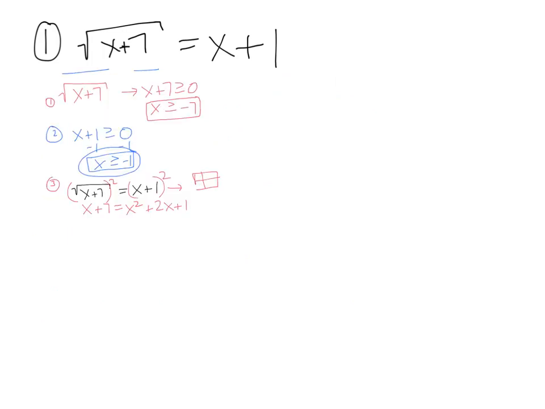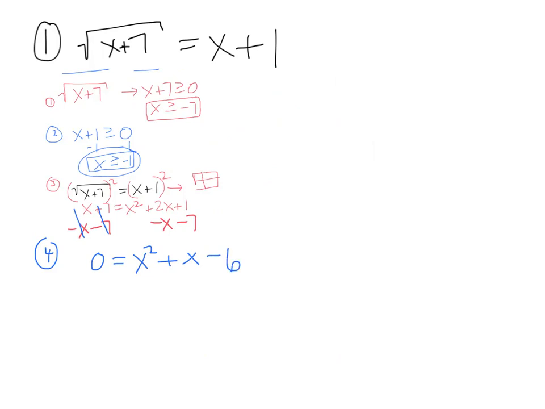So I'm going to go ahead and subtract x and subtract 7 from each side. And I'm going to get to step 4, which says we want to simplify the equation and rearrange such that it's equal to 0. So this side is now equal to 0 because those guys canceled out. Over here we've got x squared plus x minus 6.